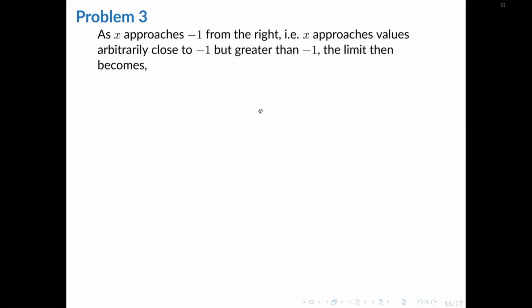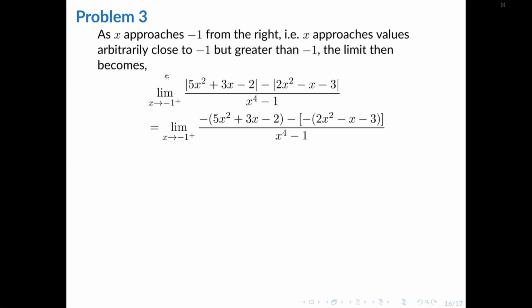So as x approaches -1 from the right, that is, x approaches values arbitrarily close to -1 but greater than -1, the limit then becomes the limit of negative 5x squared plus 3x minus 2 minus negative quantity 2x squared minus x minus 3 all over x raised to 4 minus 1 as x approaches -1 from the right. So how did we get these expressions?